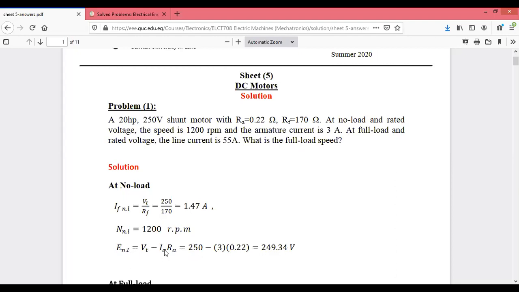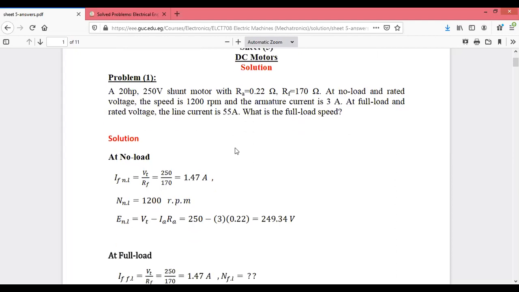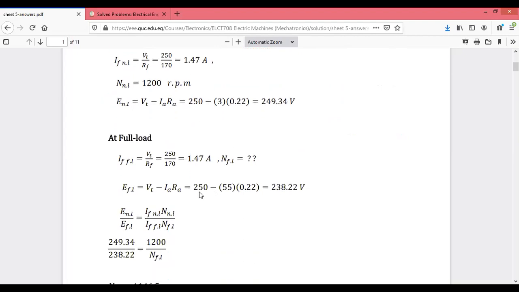In full load, only the value of Ia changes, because they have given the current as 55. So 250 minus 55 into 0.22, and when you solve this, you get 238.22 volt.